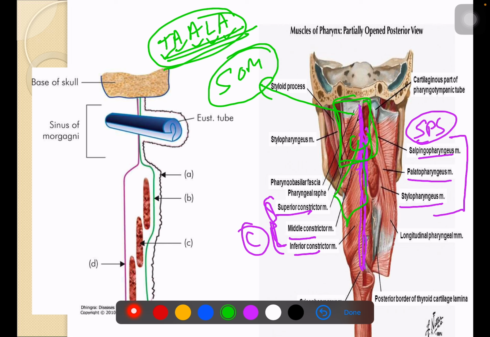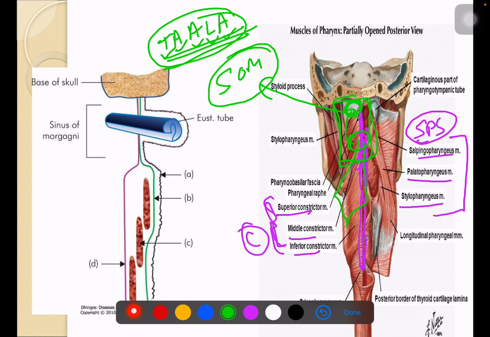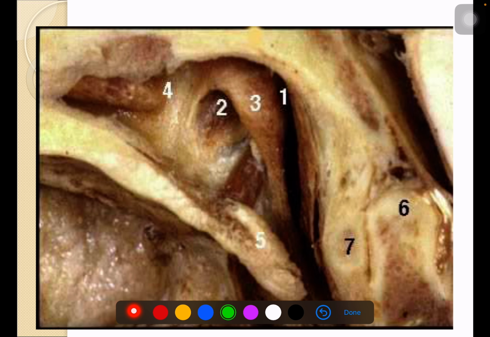Any tumor from the nasopharynx that goes and involves these structures can create a troublesome problem. Above here you have the eustachian tube and the base of the skull, and below the base of the skull you have your nasopharynx. So masses over here can involve the eustachian tube.